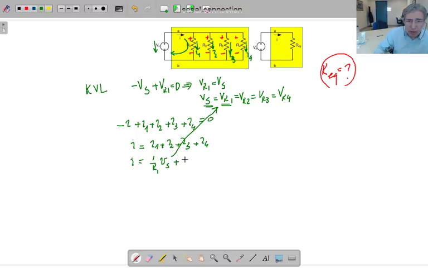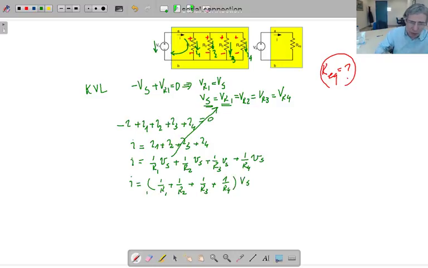And for the others, similarly, 1 over R2 Vs plus 1 over R3 Vs plus 1 over R4 Vs. If we take Vs out in parentheses, we get 1 over R1 plus 1 over R2 plus 1 over R3 plus 1 over R4, multiplied by Vs. Now if you consider this and say that 1 over R equivalent.